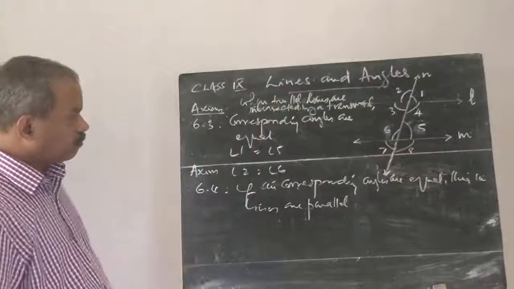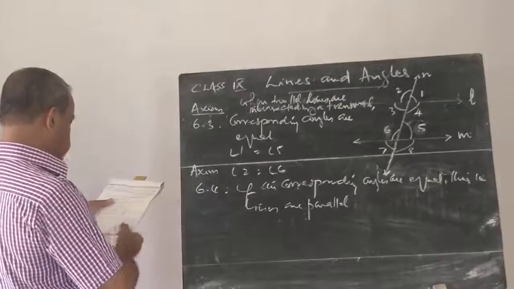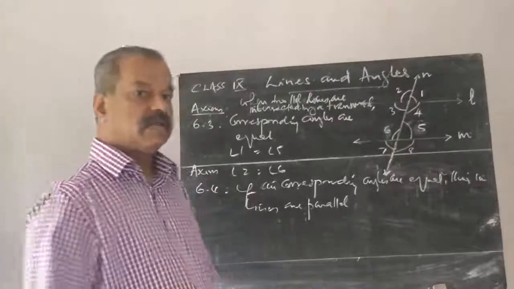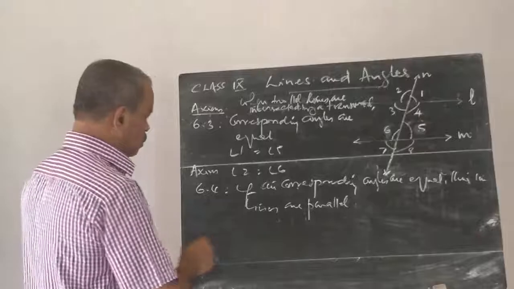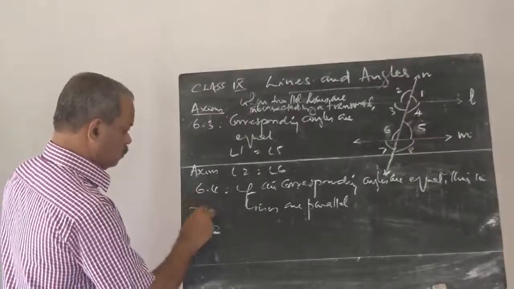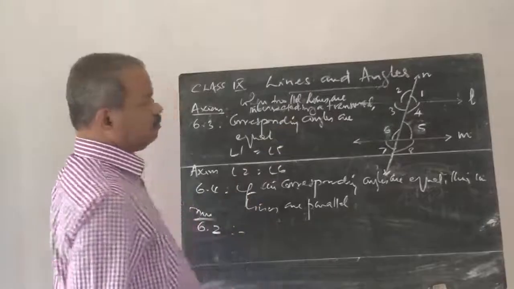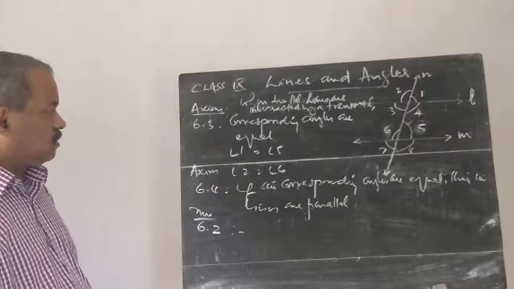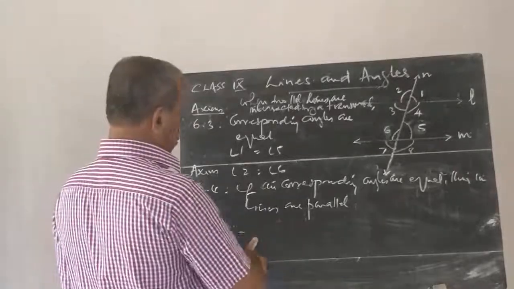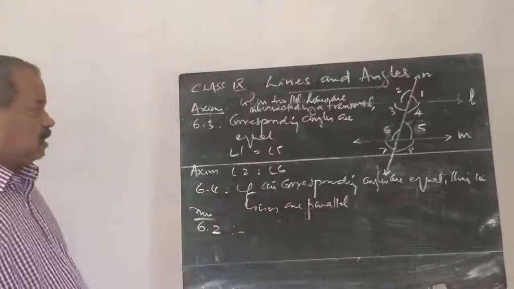Now, theorem 6.1: vertical angles are equal when two lines intersect. Now let us consider theorem 6.2. The alternate angles are equal when two lines are intersected by a transversal. The corresponding angles are equal, and if the corresponding angles are equal, then the lines are parallel.